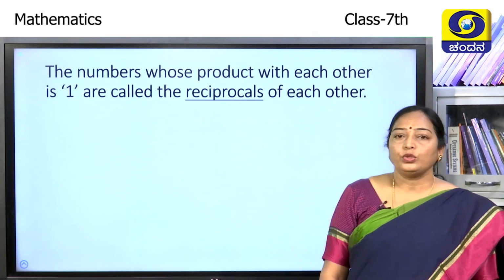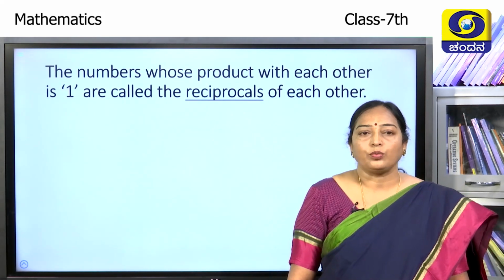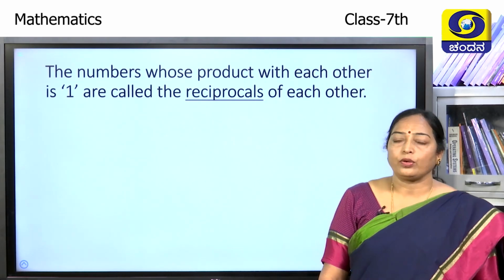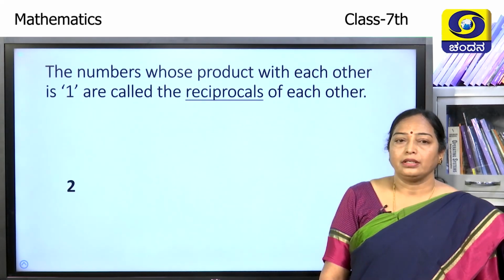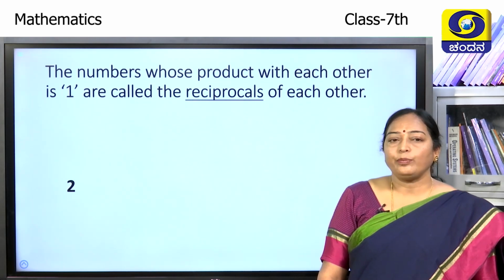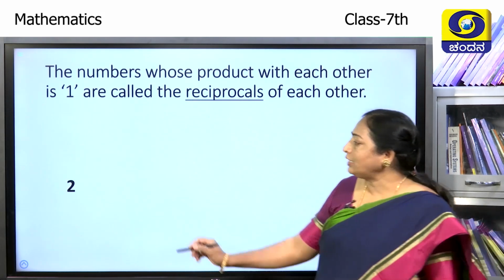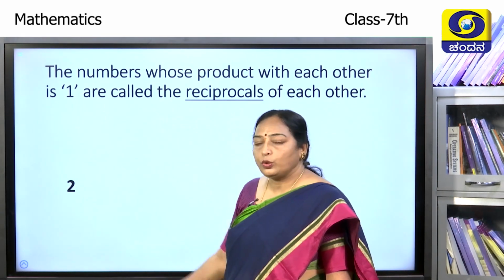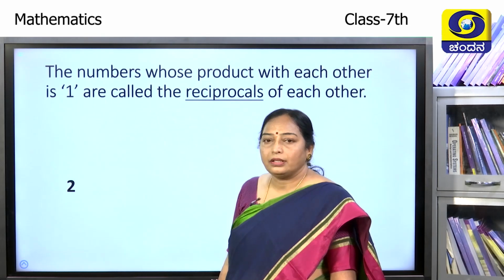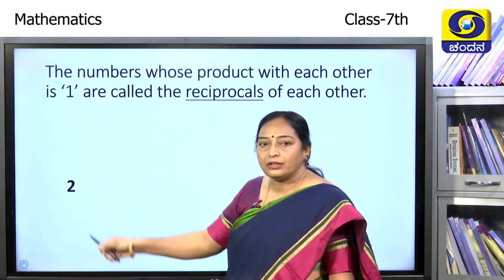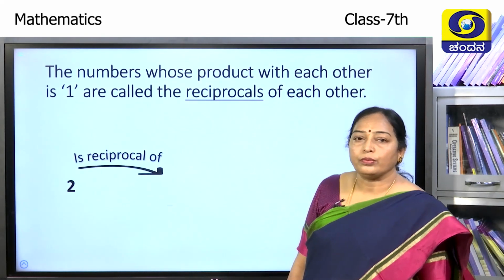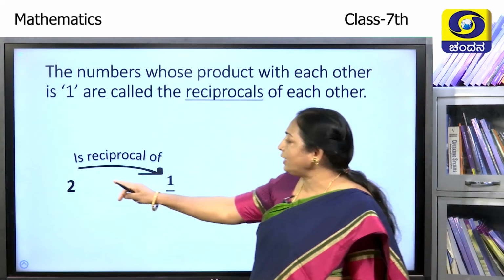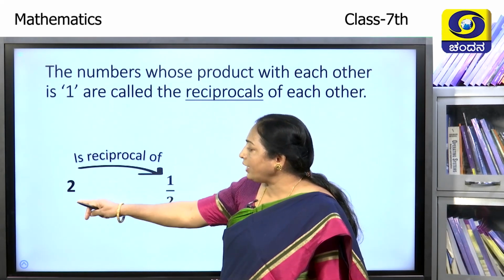The numbers whose product with each other is 1 are called the reciprocals of each other. Taking the number 2, what is the reciprocal of 2? What is the fraction form of 2? 2 by 1. The reciprocal of 2 is 1 by 2, by interchanging the numerator and denominator.